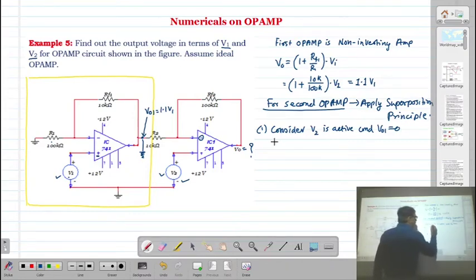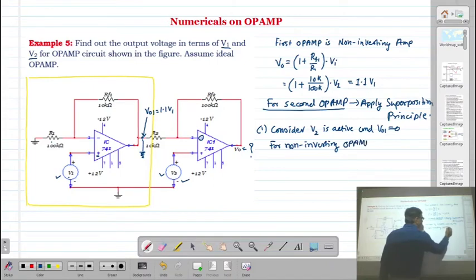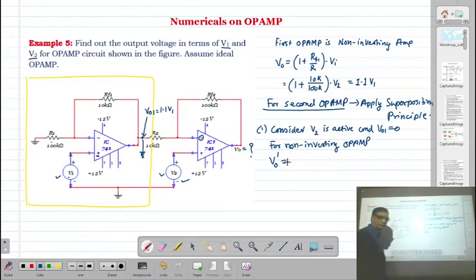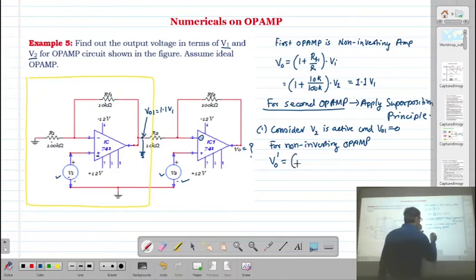Since VO1 is 0, for the non-inverting op-amp we will write the output voltage, which I will call VO dash. VO dash is the voltage due to V2. It is given as 1 plus RF2 divided by R2 into my input voltage V2. Correct?